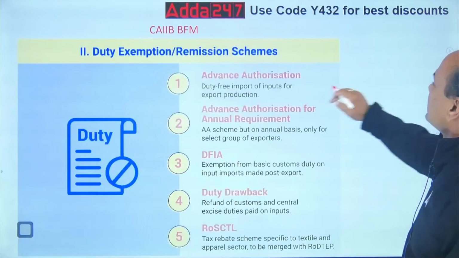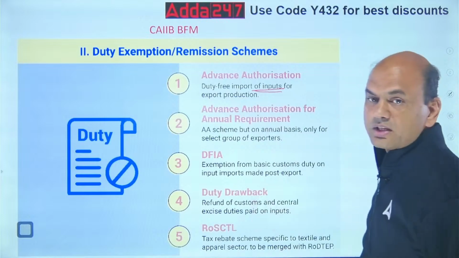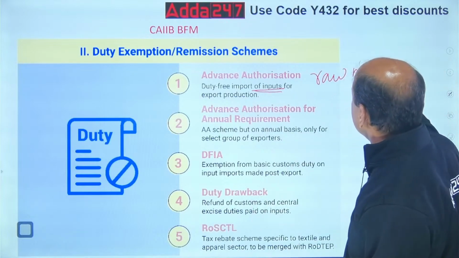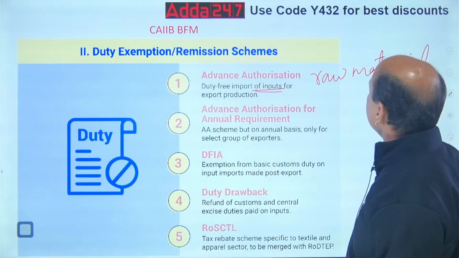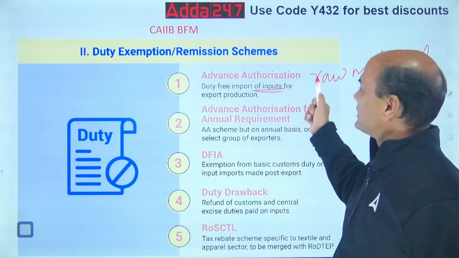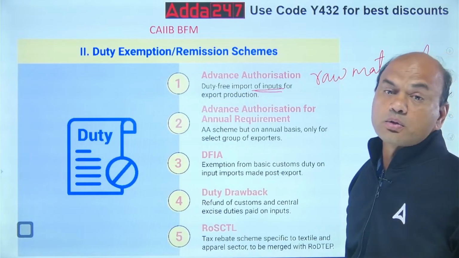This scheme is for inputs, so it will cover raw material. Suppose I have to purchase raw material which will help me in exports. The government is allowing the import of the raw material at 0% duty.